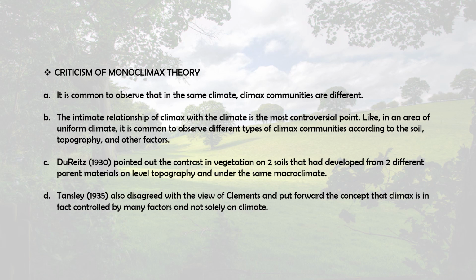The third criticism was that Durietz in 1930 pointed out that there was contrast in vegetation on two soils that have developed from two different parent materials on same level topography and under same microclimate.